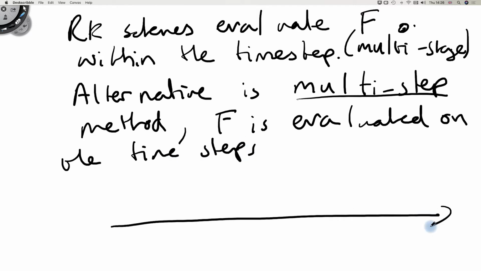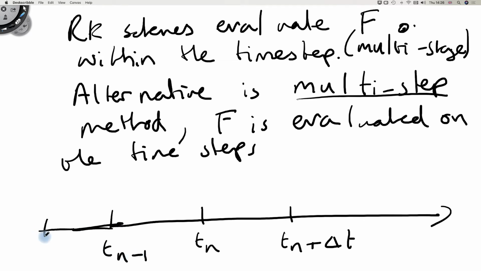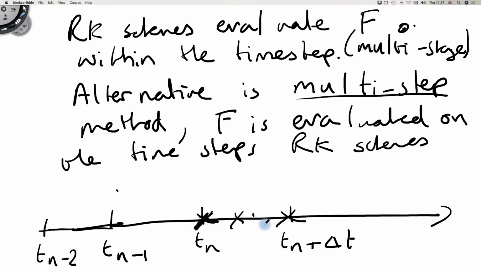Let's do a timeline again. You've got Tn there, Tn plus delta T, and you have Tn minus 1, maybe Tn minus 2. Now the RK schemes, remember, let's use RK4 as an example, evaluate the function within that time step or right at the end.